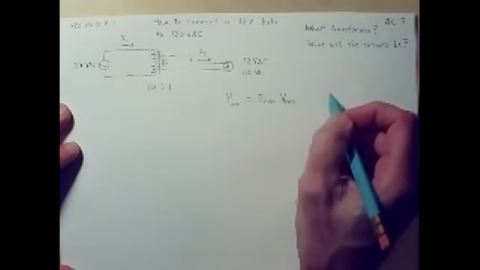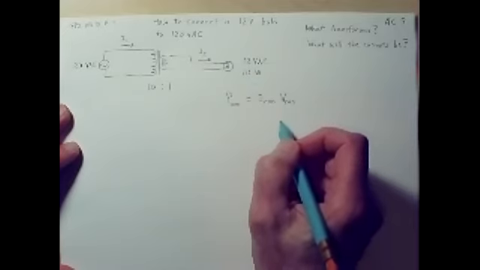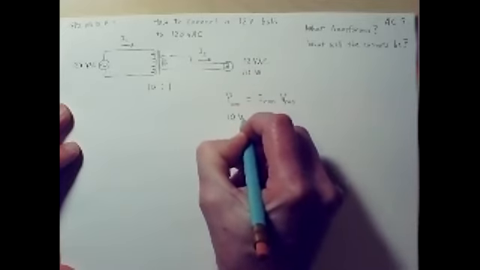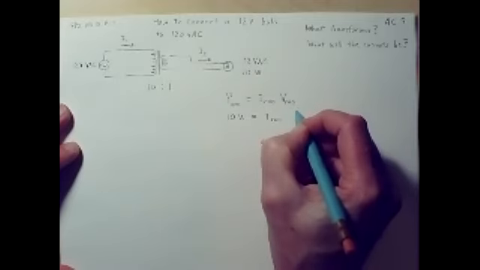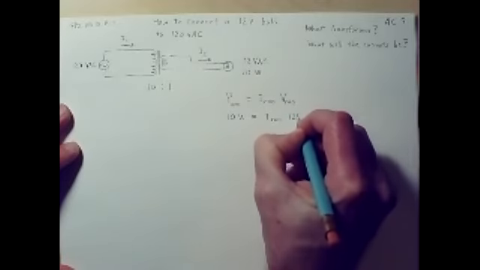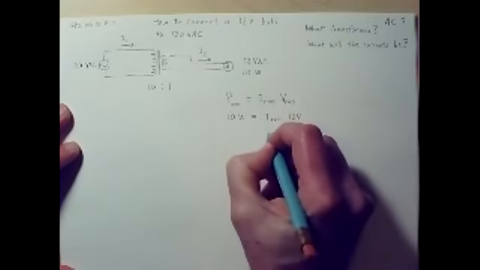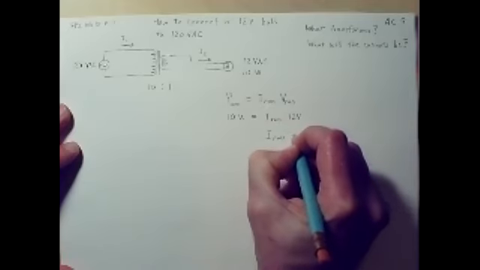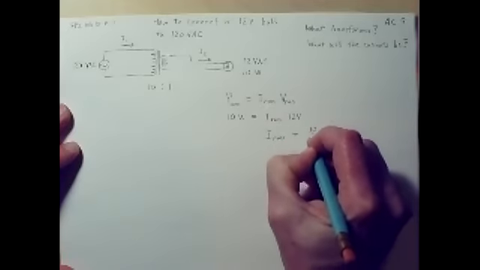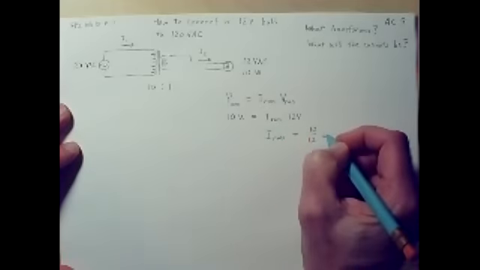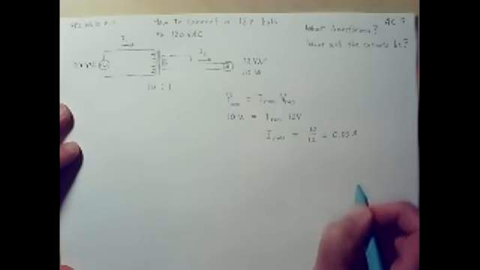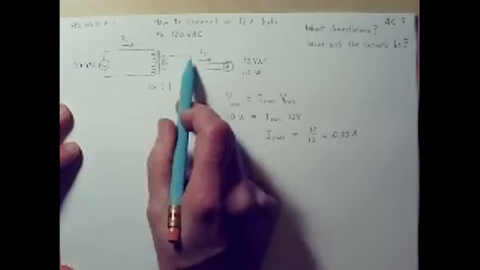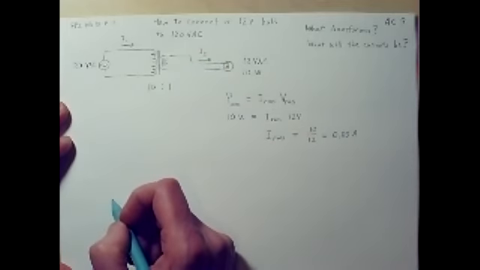This is the RMS voltage, and 10 watts is the average power. So 10 watts is I_RMS times 12 volts. So I_RMS is equal to 10 divided by 12, and that is 0.83 amps. So that's the answer to that. The I2 here is 0.83.